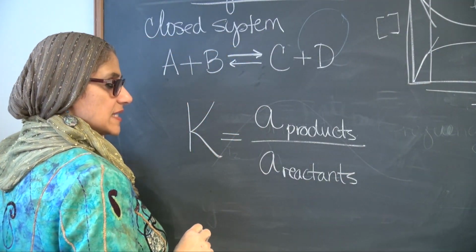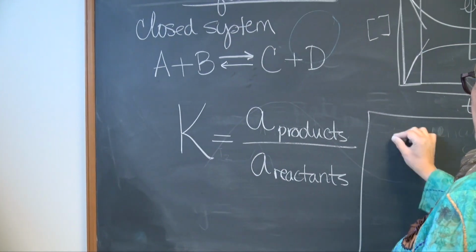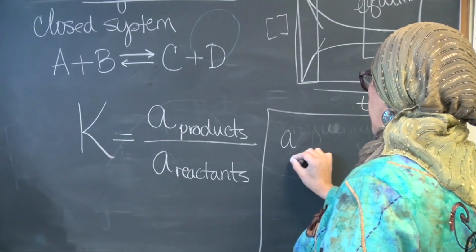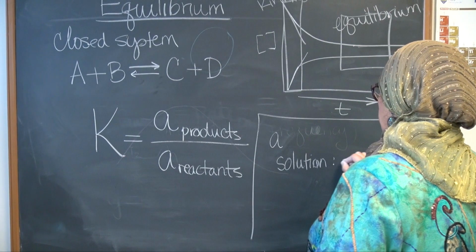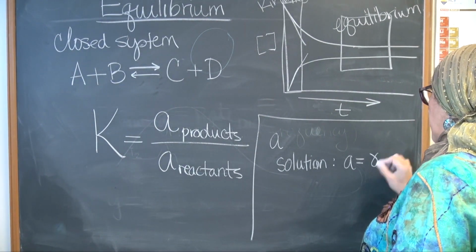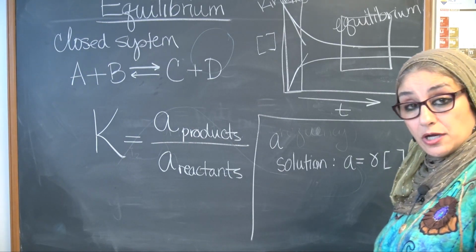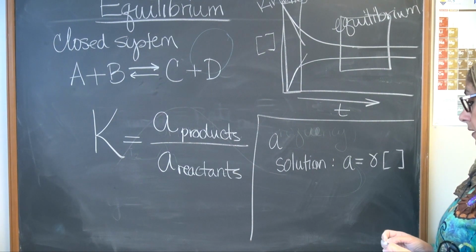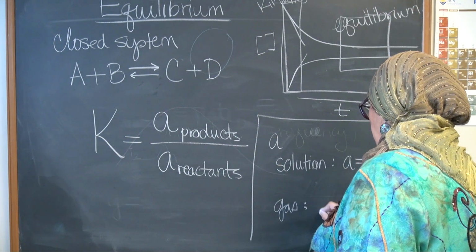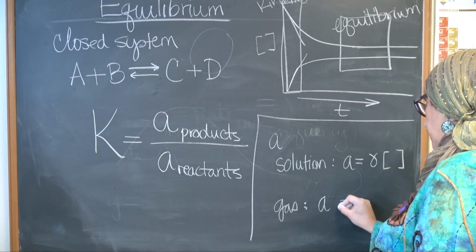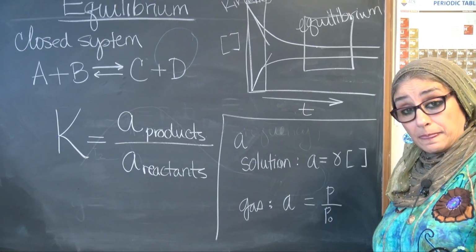Now, what exactly is activity? Well, it depends on the substance. If you're dealing with a solution, the activity is equal to what's called an activity coefficient times the concentration of the solute. For a gas, the activity is the partial pressure of the gas divided by standard pressure.